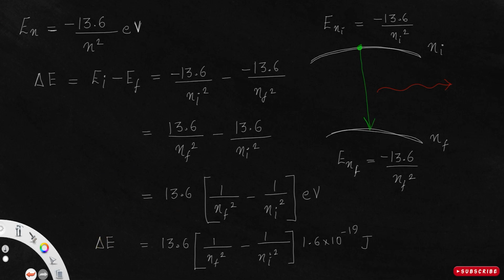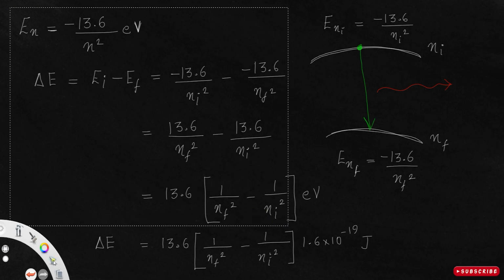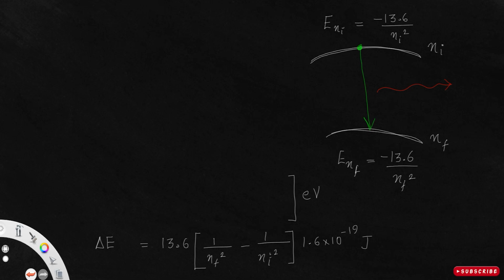And delta E is, from Planck's quantum theory, energy is always transmitted in the form of packets. So the change in energy delta E is equal to hc by lambda, where lambda is the wavelength, h we know is Planck's constant, and c is the speed of light.